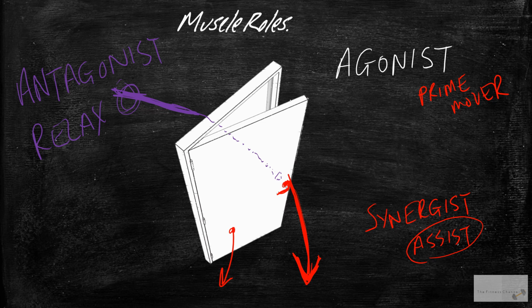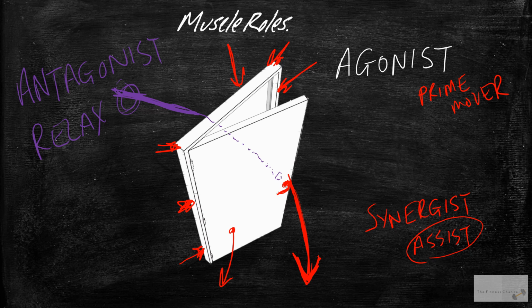Now, the last one that we're going to figure out: if you did imagine this was a door frame and it was just floating free in the middle of a room, as soon as these muscles started to pull, the whole frame would be wobbling backward and forward, and there'd be no stability in the structure whatsoever. The frame would probably fall over. So what happens within the body is that you've got muscles which attach on to that door frame, and their job is just to hold on to it. If you imagine we've got people at the side of the frame here, they're not actually doing the movement of opening the door.